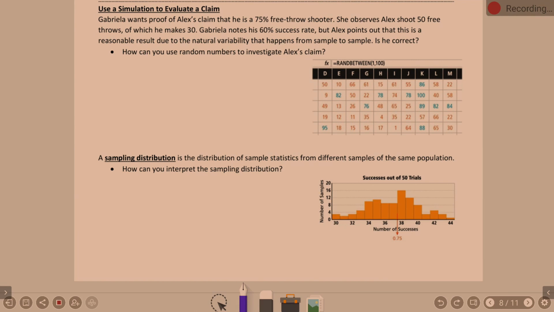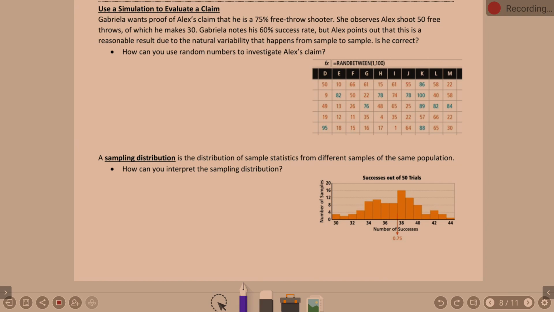Your calculator can do this, an Excel spreadsheet can do this. You can ask a calculator or some technology to generate so many random numbers, and those random numbers can represent responses.